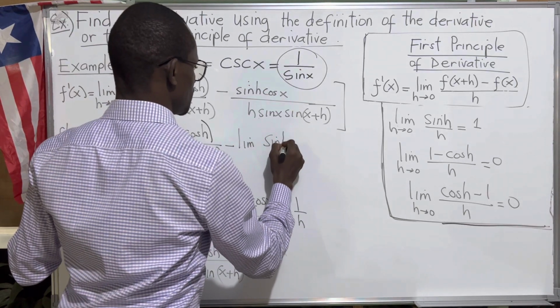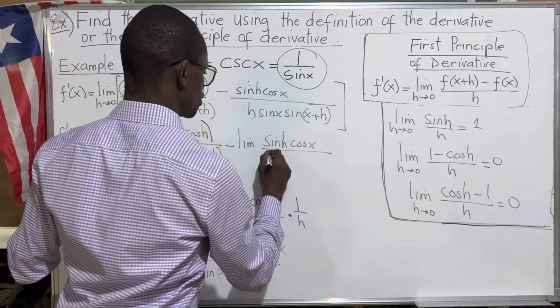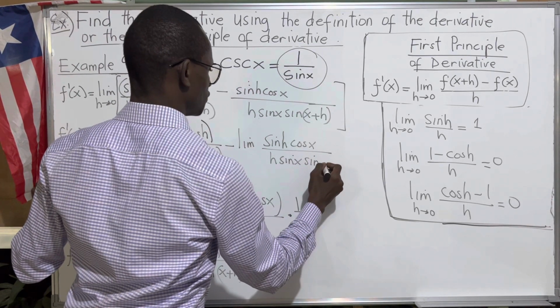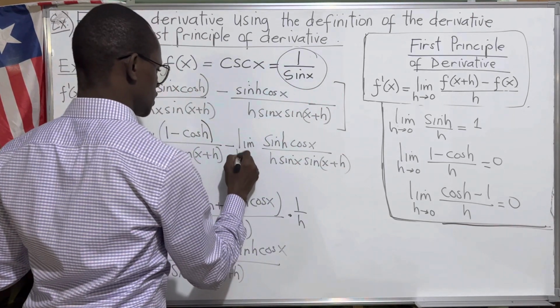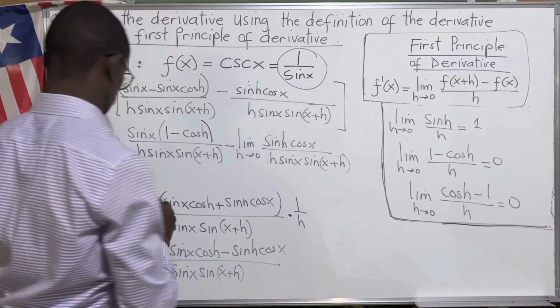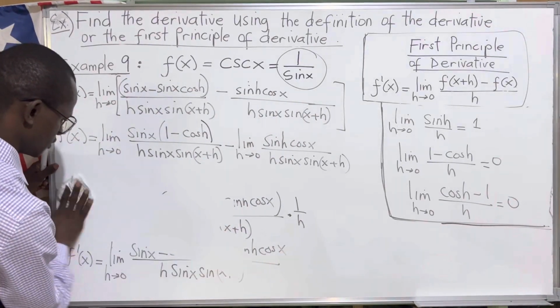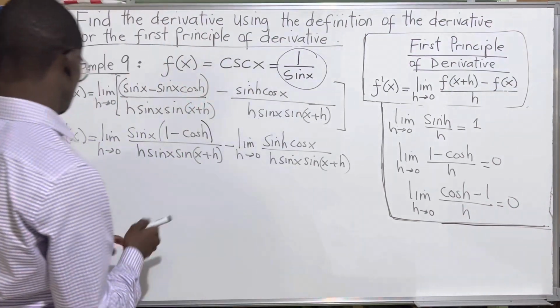Sine of h cos of x over h sine of x plus h as h approaches 0. Now we are almost done. We are just approaching our answer.